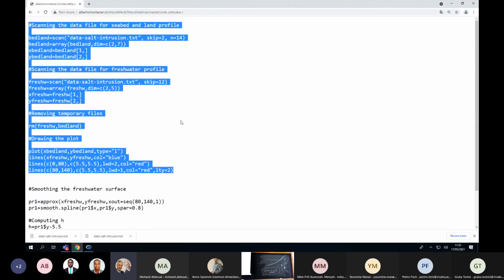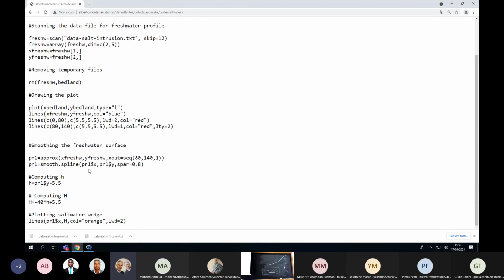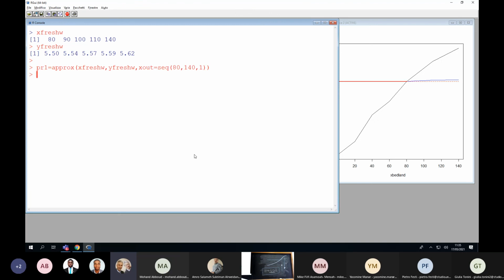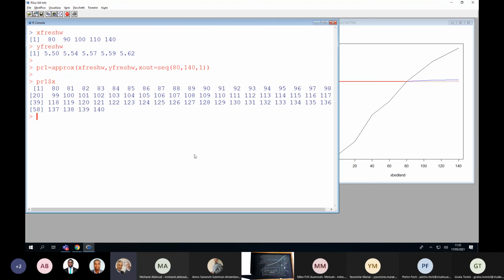Now let's see what is the result of this smoothing. First of all, let's do like this. Let's copy this one. Now you see, these are the new X coordinates for fresh water.